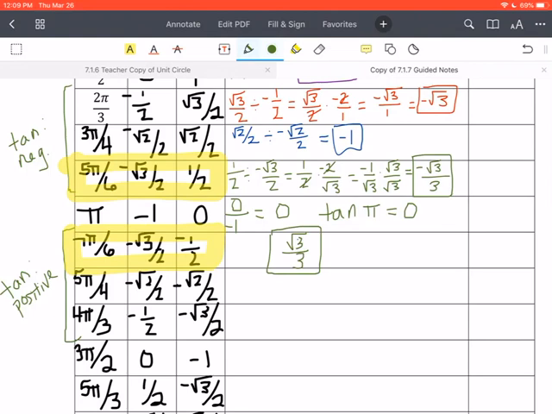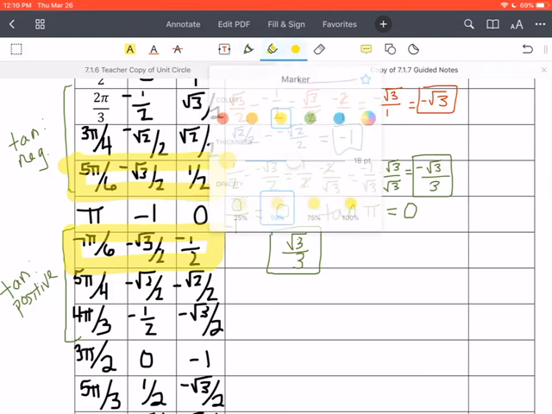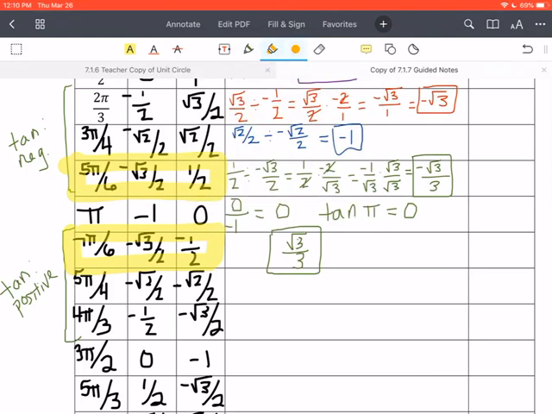Now, can you guess what 5 pi over 4 is going to be? If it was negative 1 in the second quadrant, then in the third quadrant it's not negative 1, it's going to be positive 1.